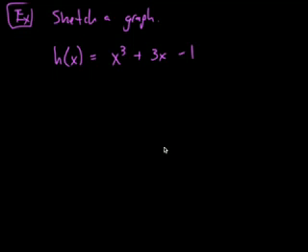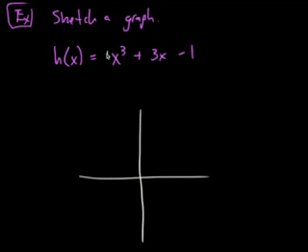Well, let's talk about end behavior first. So it's a positive odd degree. So I know that the end behavior is going to be going in opposite directions. So when x is positive, y is going positive, and it's probably going to be going down here, right?